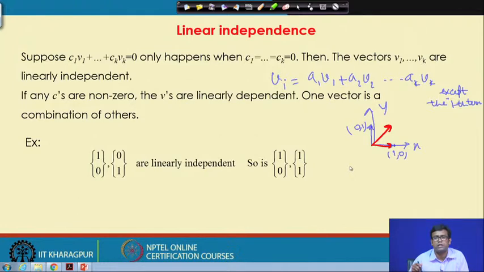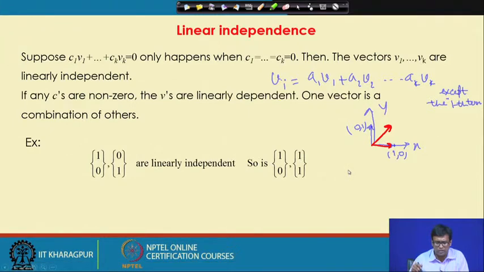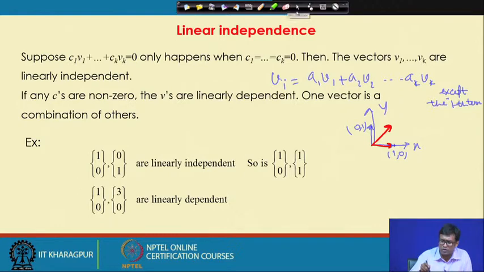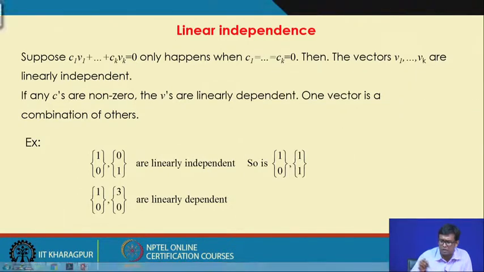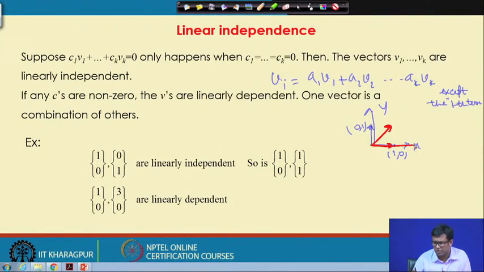If there are two vectors and they are linearly dependent, it means one vector is just a multiple of the other vector. So, if 1 0 and 3 0 are there, one vector is 1 0 and the other vector is along the same line, 3 0, which is just a multiple of that.